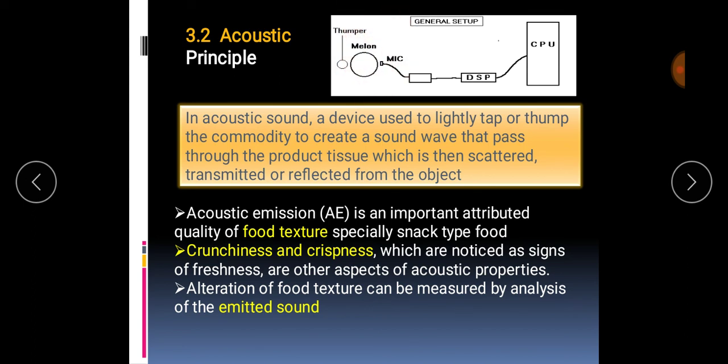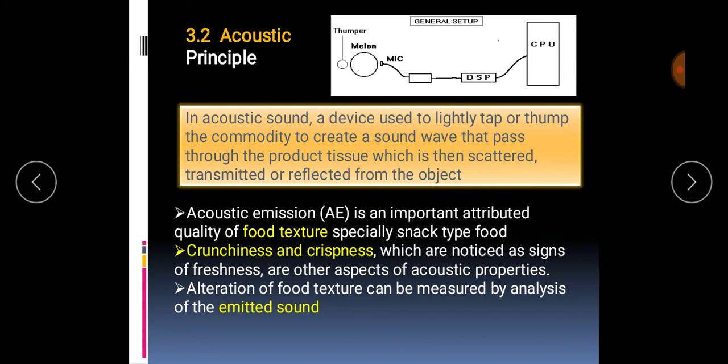So this thumper will strike and create some sound, and there will be a mic near this place, and that mic will send the data to the data processor, the CPU, to make a decision whether the sound coming from that particular food is up to the control, up to the standard or not, and based upon that it will decide the product is good or not.